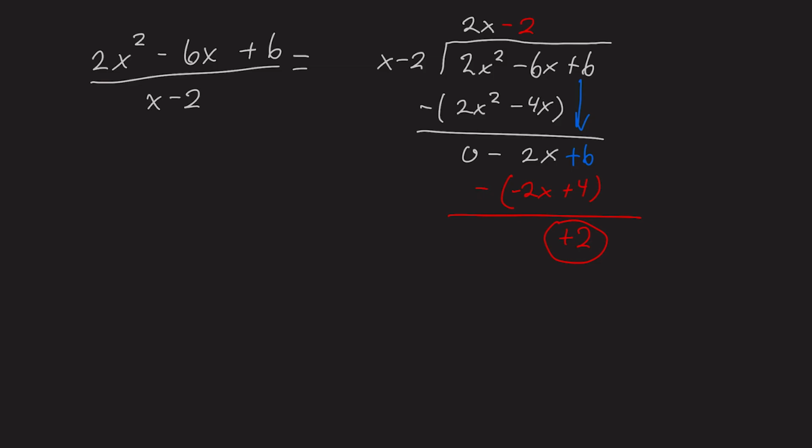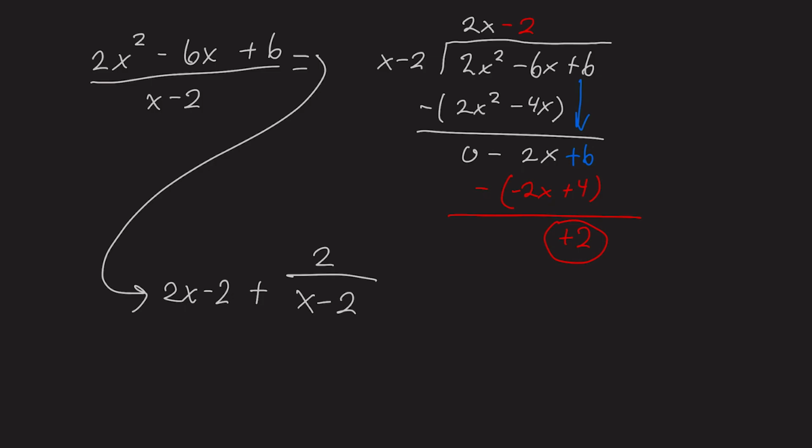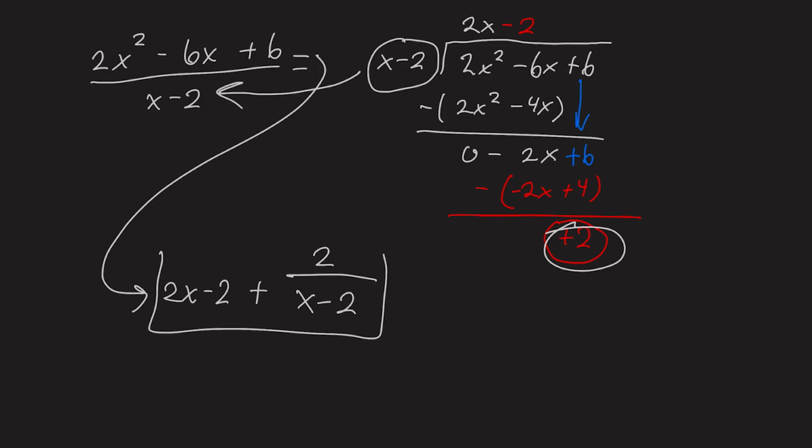That's my remainder. So I can say that this equals 2x minus 2 plus 2 over x minus 2. Okay? It's my remainder divided by the thing I am dividing by. This is now my final answer.